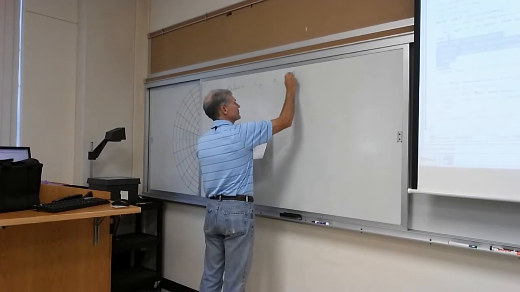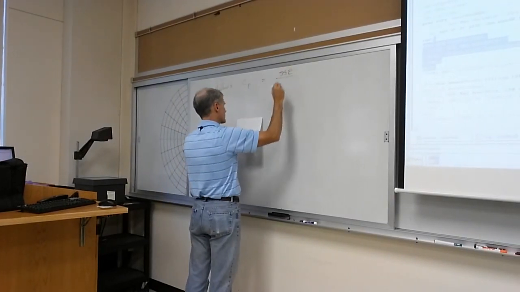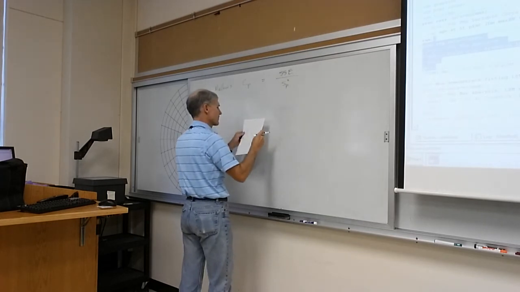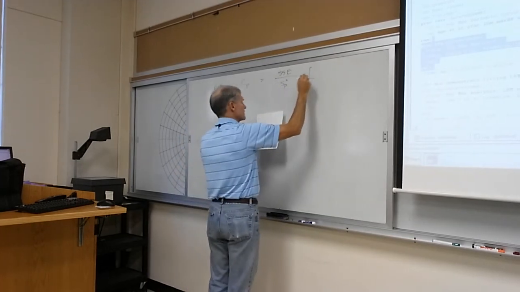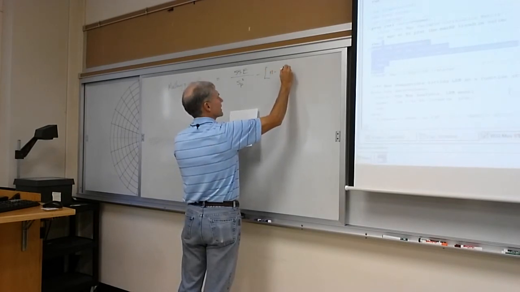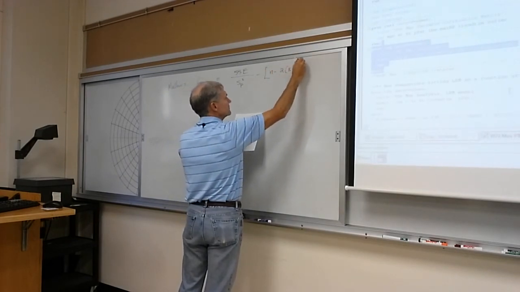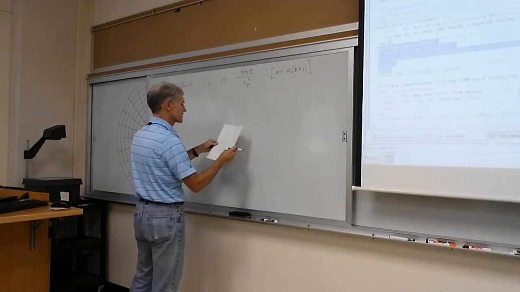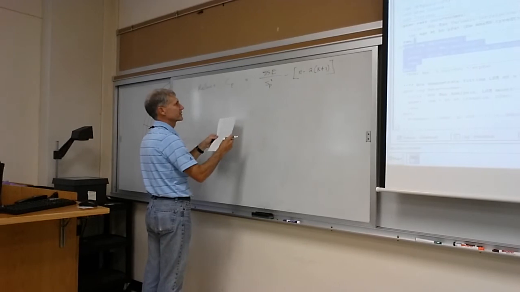But it's equal to the sum of squared error over Sp squared minus, in brackets, n minus 2 times k plus 1. Okay, so let's talk about what these letters mean.